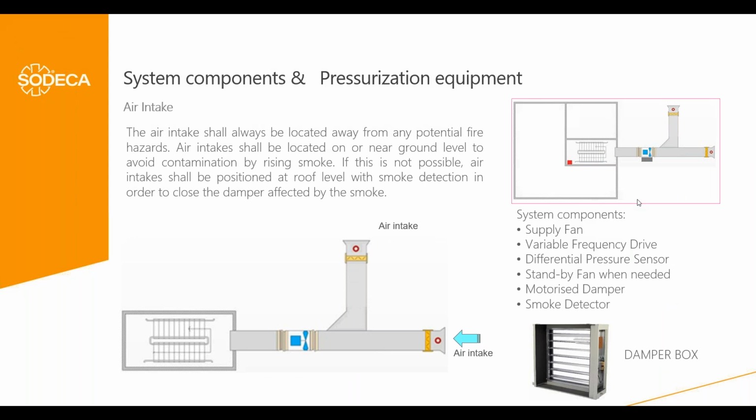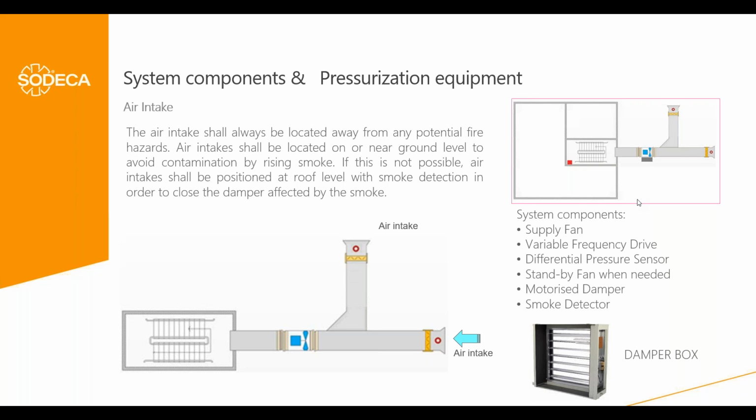Both standards, the old Part 6 and the new Part 13, have a requirement to avoid the risk that the air intake is contaminated by smoke. Air intakes should be located away from any potential fire, and on or near ground level to avoid contamination by rising smoke.